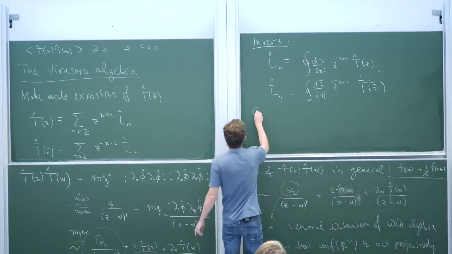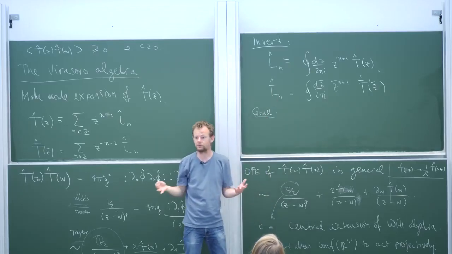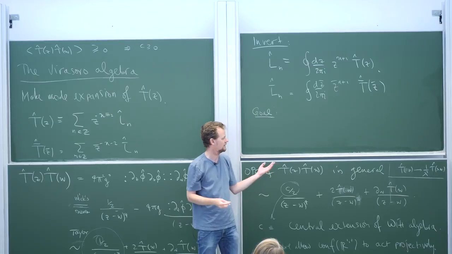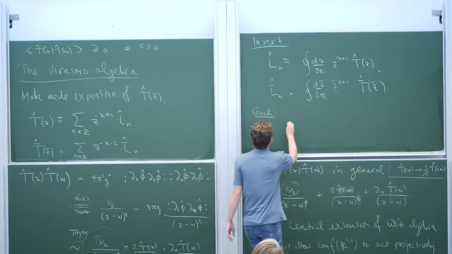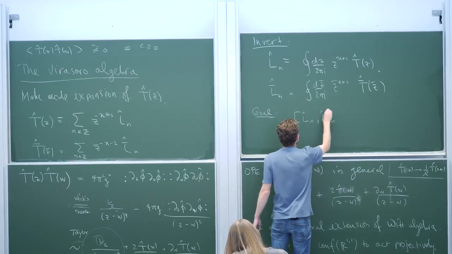Now, our goal is to work out if these operators close to form some kind of Lie algebra, which would mean that they are a legitimate representation of some symmetries on our system. So we want to compute the commutator of two of these things.